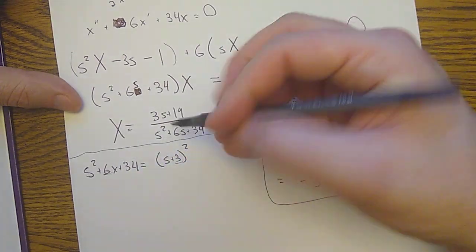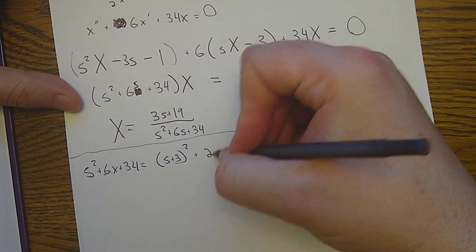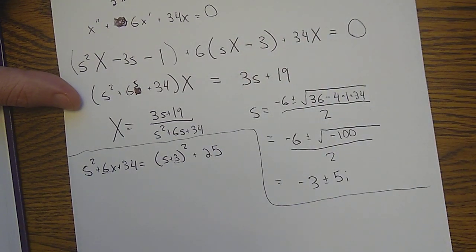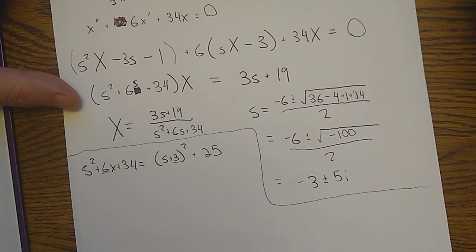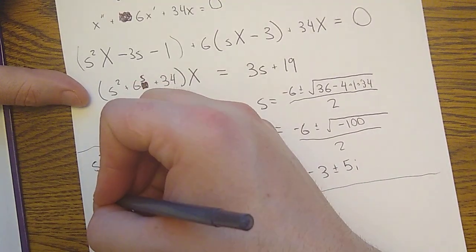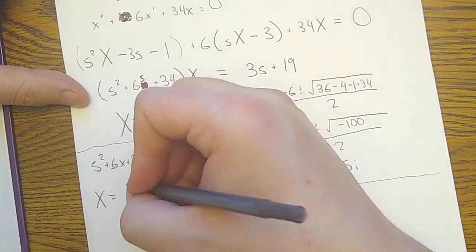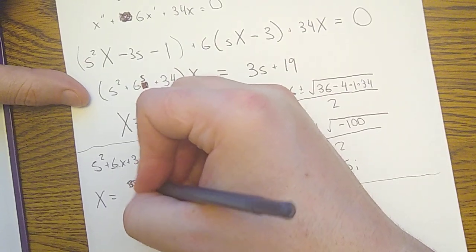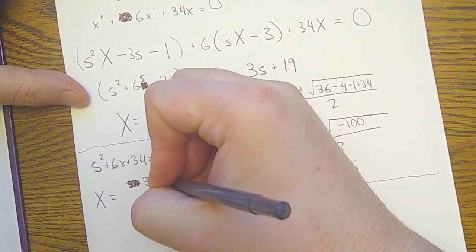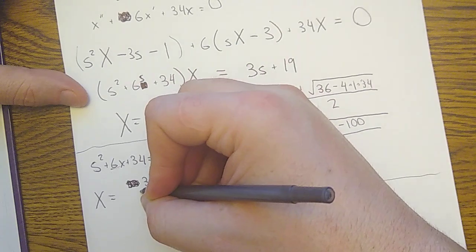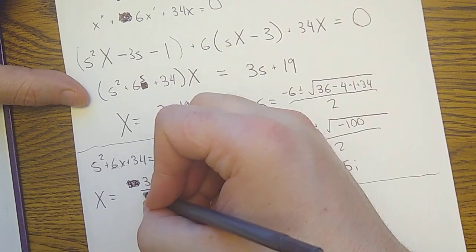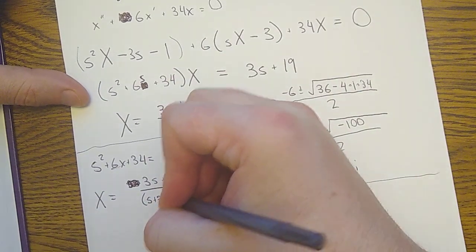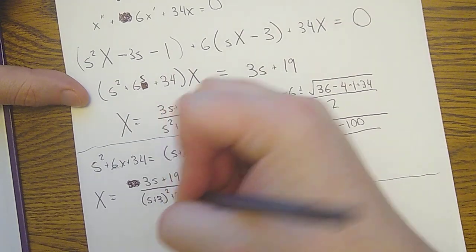What I actually want is 34, so what's missing is 25. So the fraction is 3s plus 19 over s plus 3 squared plus 25.